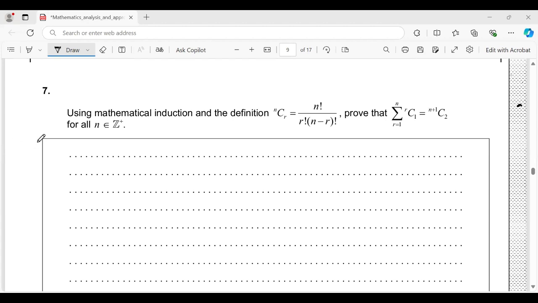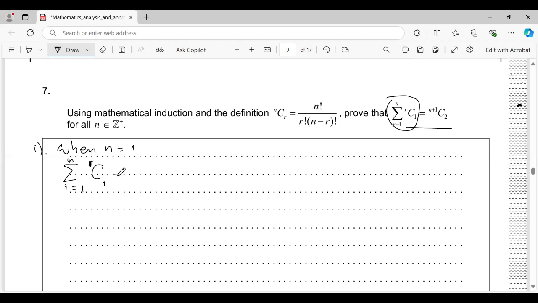There are 3 steps to prove this proposition. The first step, when n equals 1. When n equals 1, sigma i equals 1 to n of this combination, it becomes this is 1.